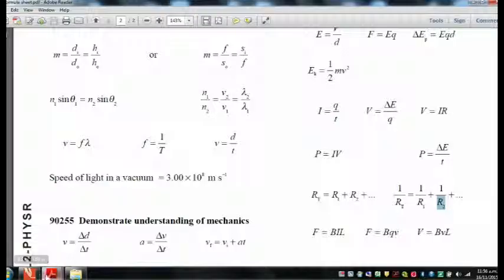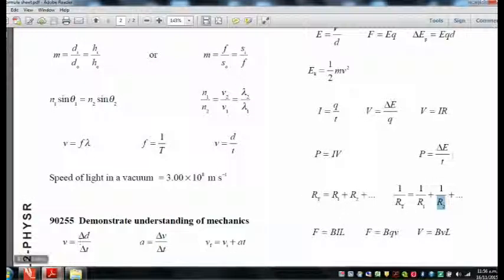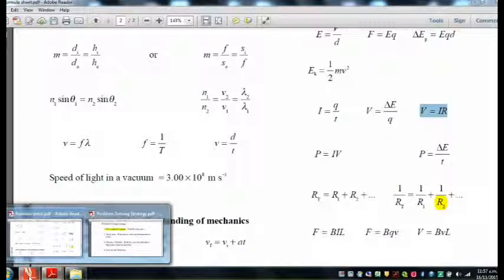That's not given in the question. We don't know the resistance of these values. So we're going to have to use this equation right here, in a global sense, using total voltage and the total current to find resistance. So let's go ahead and do that. I'll show you what that looks like right now.